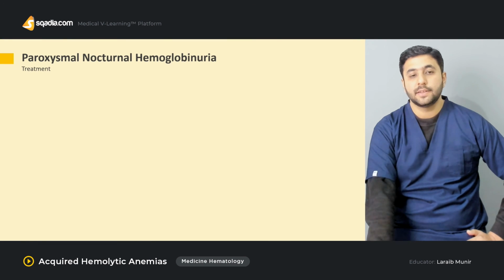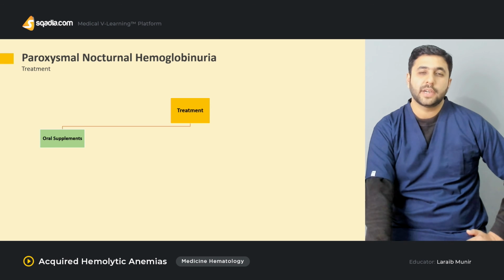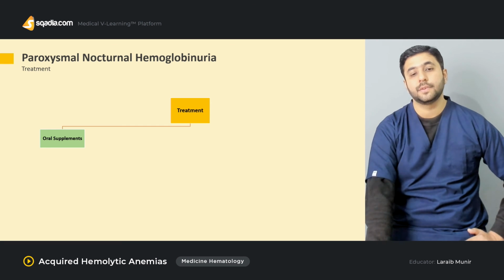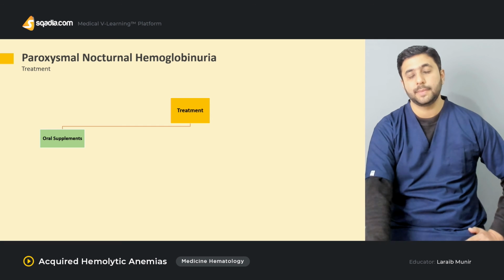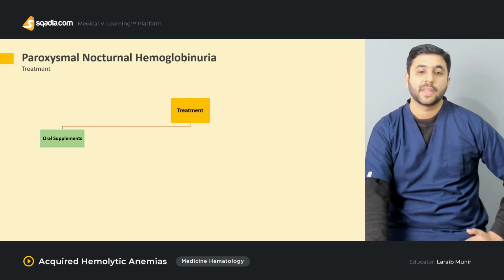And now let's look at the various treatment options that we have in these patients. Because there is no definitive cure of PNH, as we saw, because the RBC's cell membrane does not have a protein because of which the whole cascade is being activated, we basically do symptomatic management.